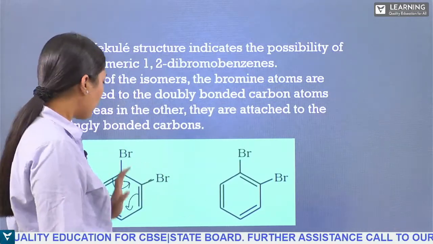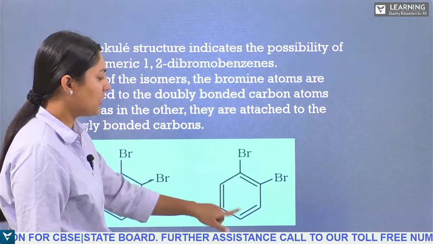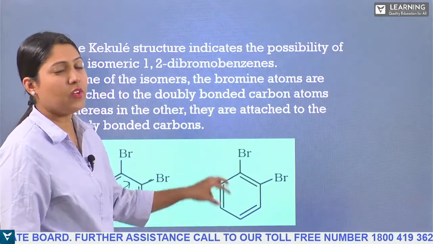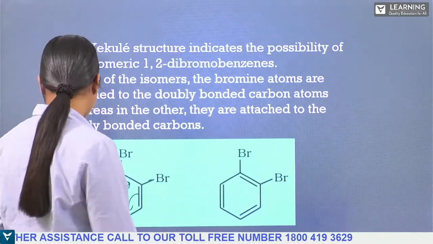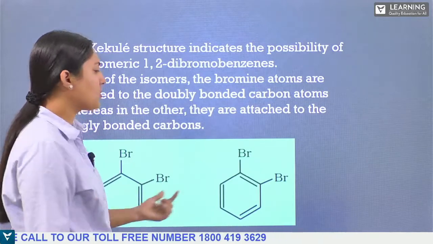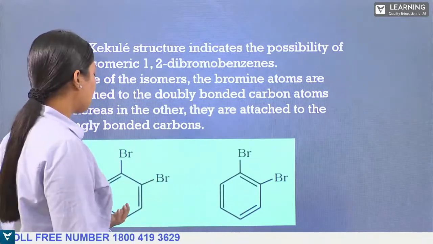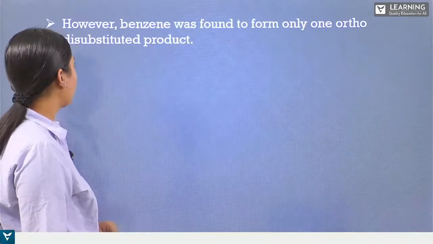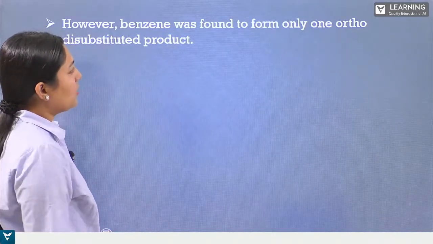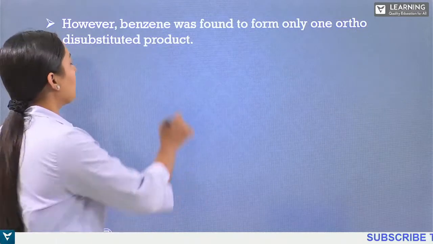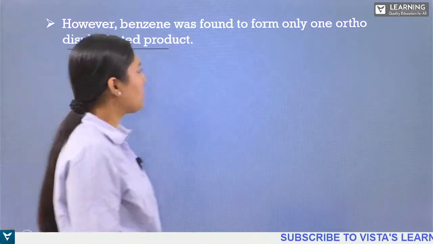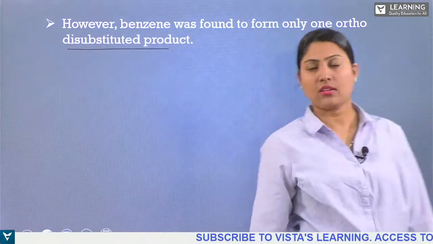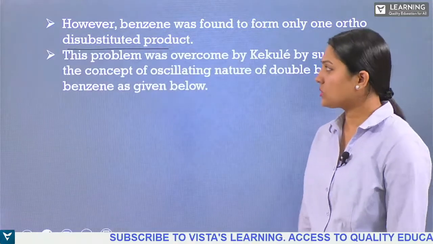In the Kekule structure, delocalization of pi electrons can easily take place, and due to that there is no exact difference between this and the other structure. So benzene was found to form only one disubstituted product.